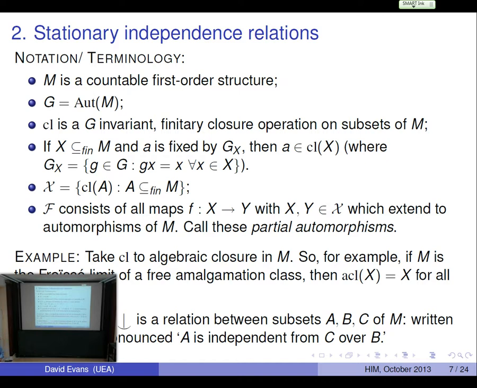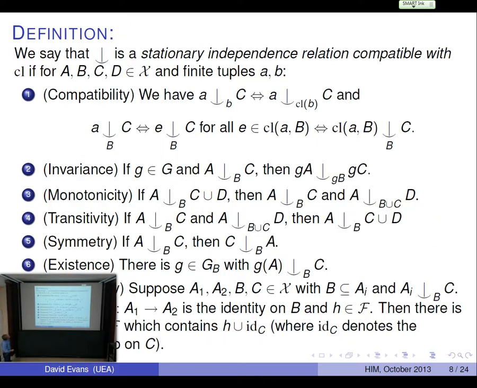Or you could imagine the vector space example, and it means A is linearly independent from C over B, or something like that. Okay, so here's the axiomatics.